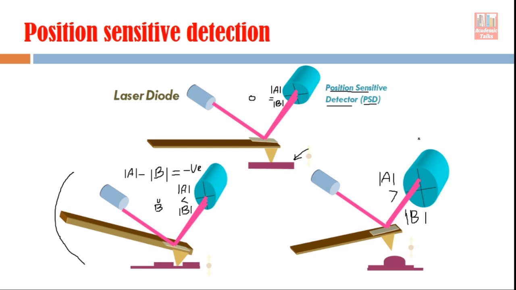So in this case, if you get the net output signal, which is the difference of the signal produced by the upper half and the signal produced by the lower half, you will get certainly some positive value, right? But the actual magnitude of this positive value will depend on the amount of vertical deflection, and the amount of vertical deflection will depend on the size of this feature, right?